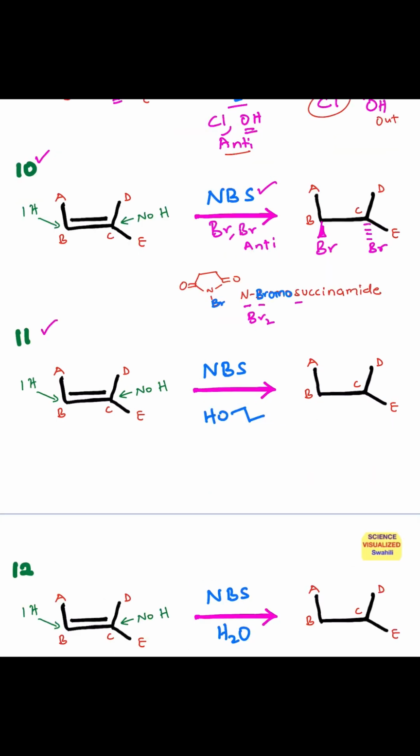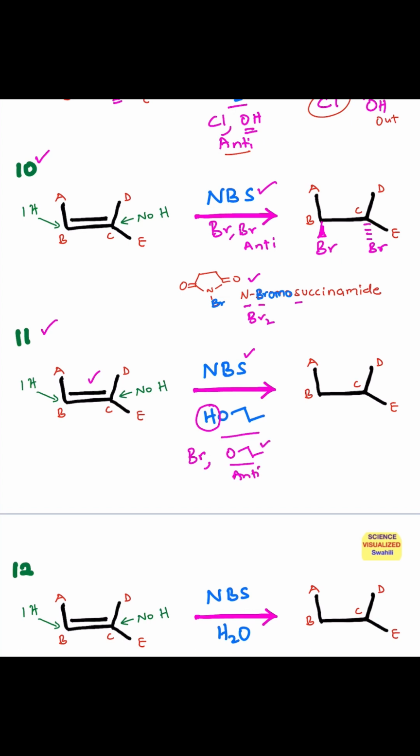Number 11, reaction of alkenes with NBS and an alcohol. So alcohols will lose protons, that hydrogen, and therefore you end up adding the alkoxy group. The end result is, as we saw, NBS, that's N-bromosuccinamide, will add Br and the alkoxy group anti.